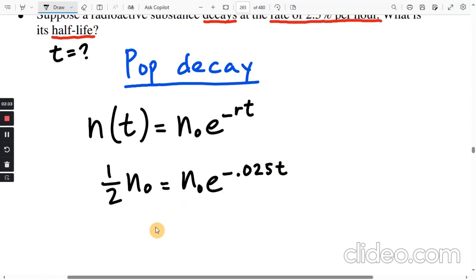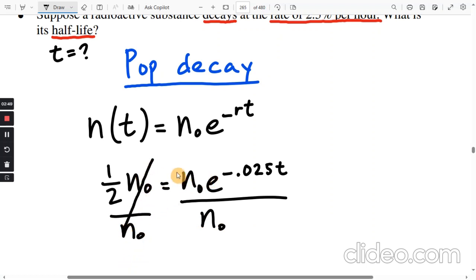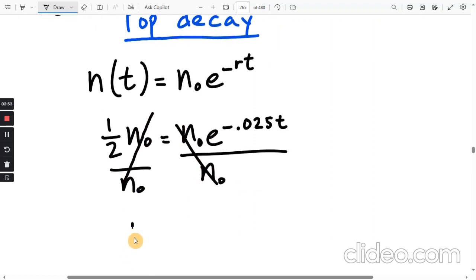So we don't need the original amount because we are going to divide both sides by n sub 0 and get rid of it. It cancels on the left, and it cancels on the right as well. And we are left with 1/2 equals e to the negative 0.025t.